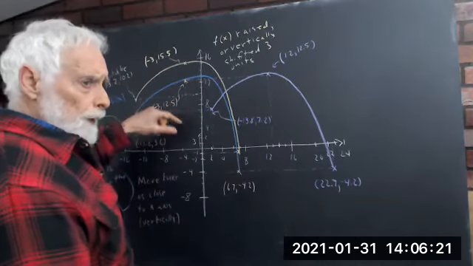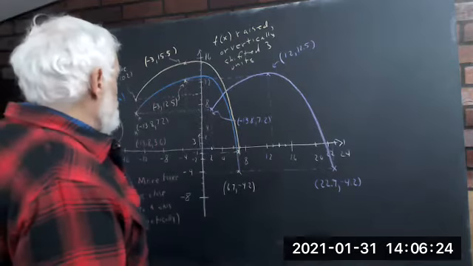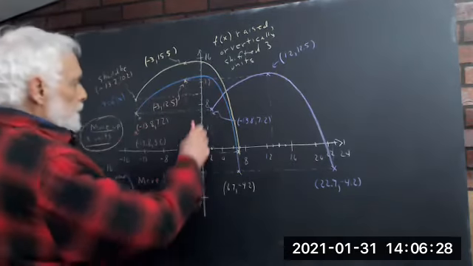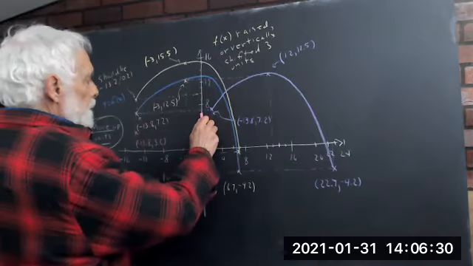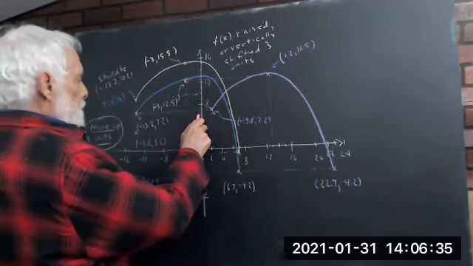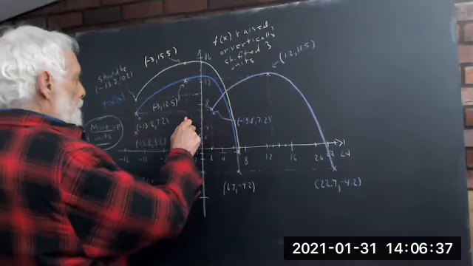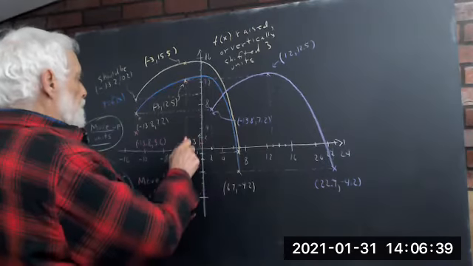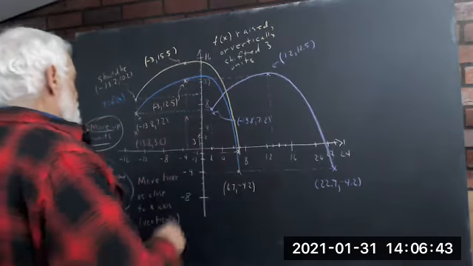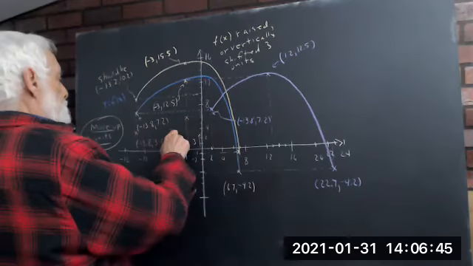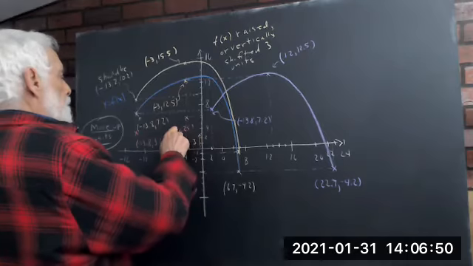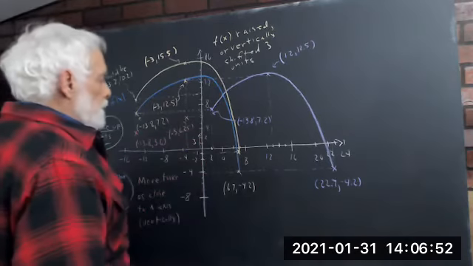Half of 12.5 is 6.25. 4, 5, 6, 7. I divide 7 in half and then divide that lower half in half. Then I get about 6.25. Come over here, and I get this point, which is approximately negative 3, 6.25.